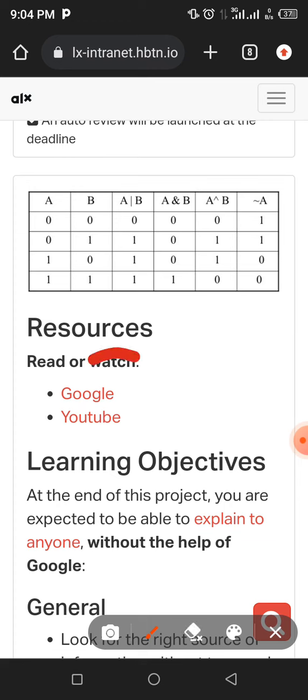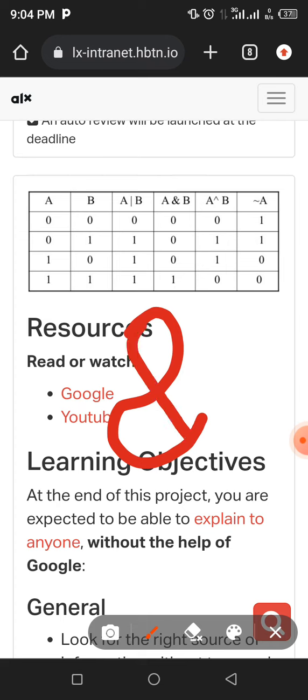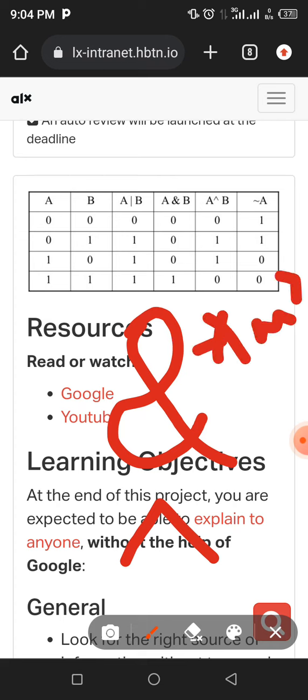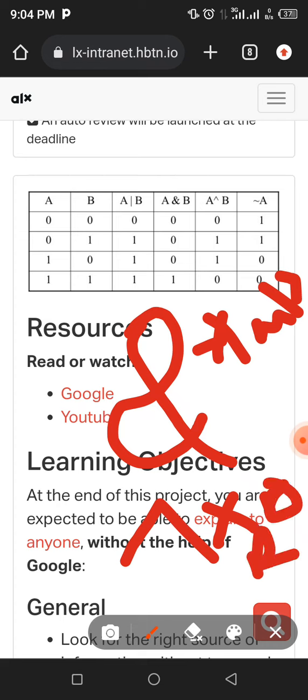So this sign, I don't know how to draw, so I'll try that again. Okay. It is the opposite of this. So this is the AND gate. And this is the XOR gate.